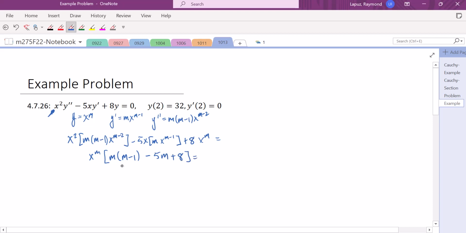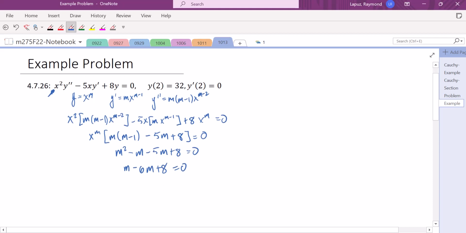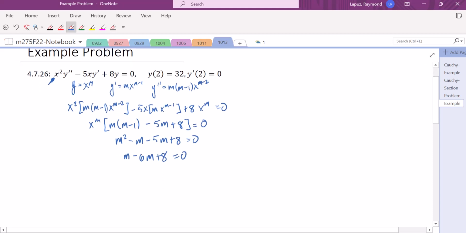So we have a quadratic. These are all equal to 0. m squared minus m minus 5m plus 8 equals 0, or m squared minus 6m plus 8 equals 0. If we can factor, great. If we need to, we can use the quadratic formula.